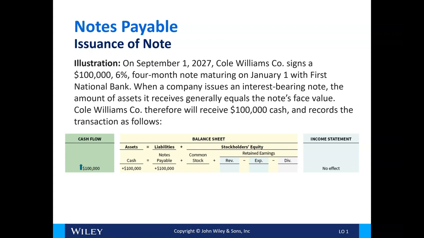Interest is calculated based on principal amount, which in this case is $100,000, interest rate, which is expressed as the yearly rate of 6%, and time. So in this case, the time is increments of a year since the interest rate is expressed as a year.